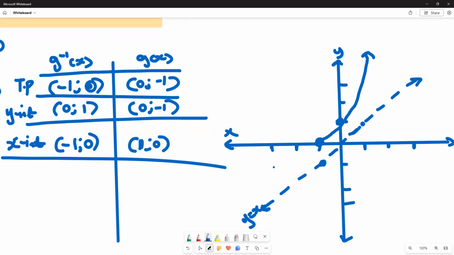Perfect. And then this guy will be (0, -1), which is there. Then we have (1, 0), which is there. And then this gives you this part of the graph. You can see that it's reflected nicely along the line y equals x. Okay. Now I have sketched both the graphs.